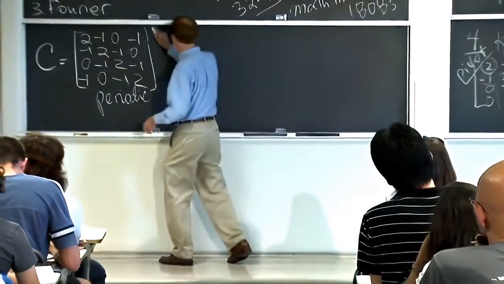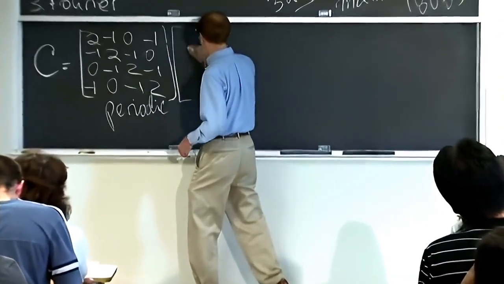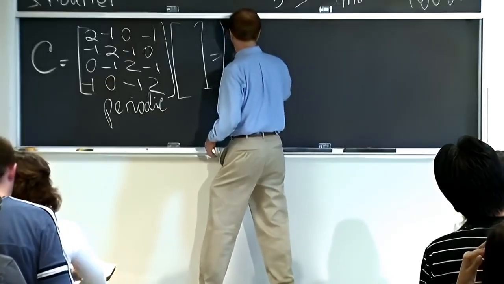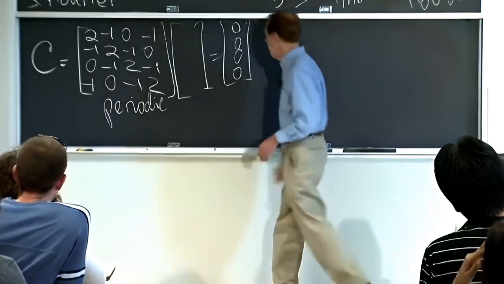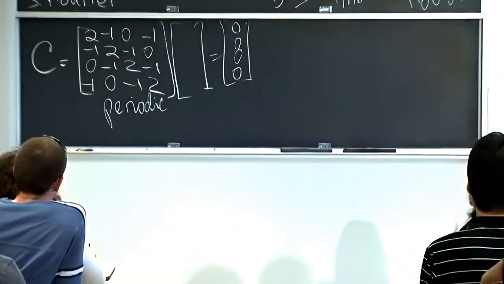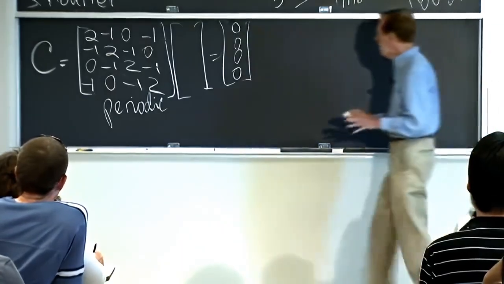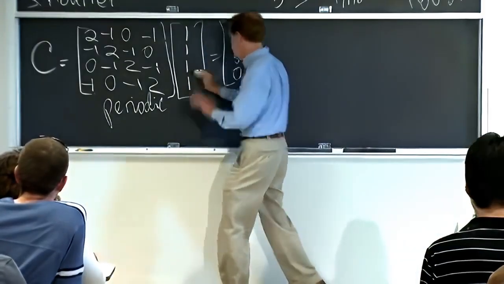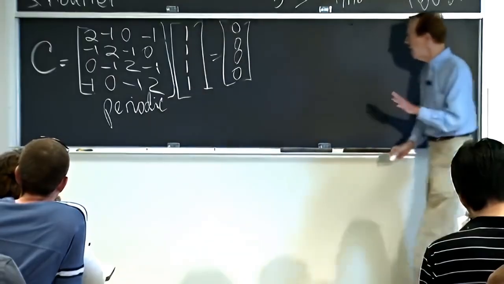I'm looking for a U with 4 entries so that I get 4 zeros. You see it? All ones. That will do it. So that's a nice, natural entry, the constant.